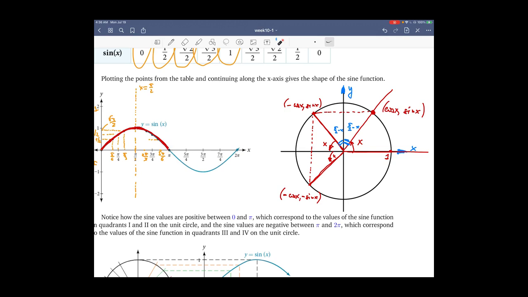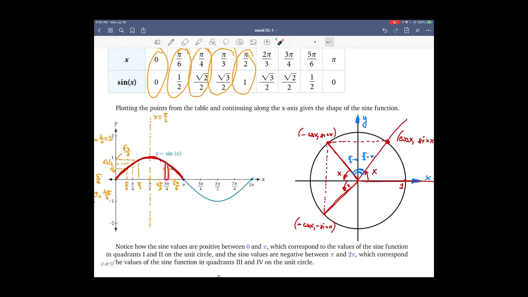For instance, if we know that the graph passes through the point 3 pi over 4, root 2 over 2, immediately we see that if I step away from pi by the same distance as pi is from 3 pi over 4, into the right direction, right?